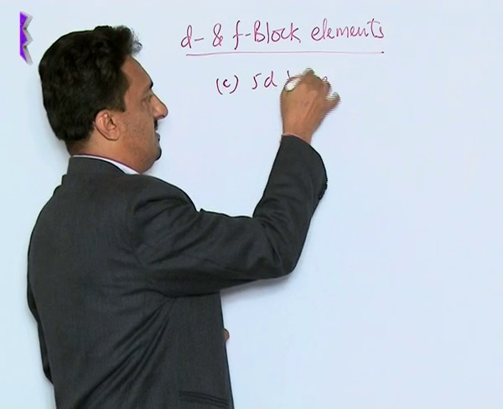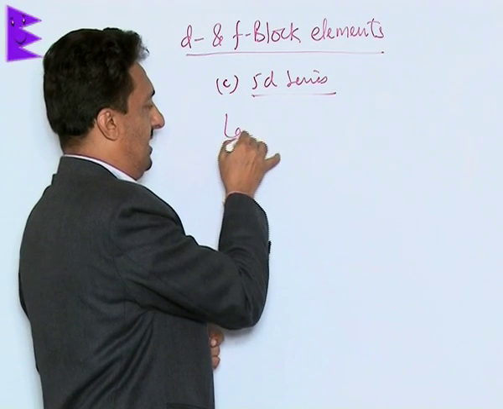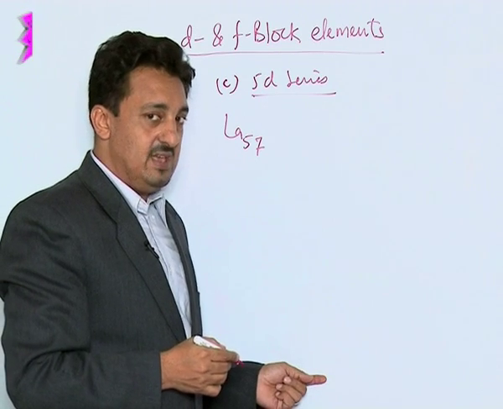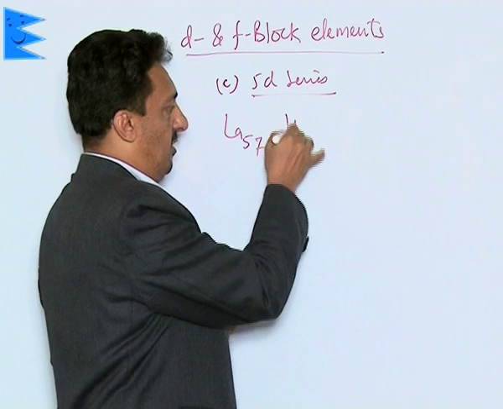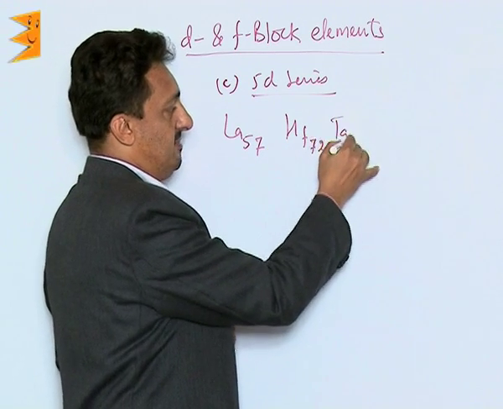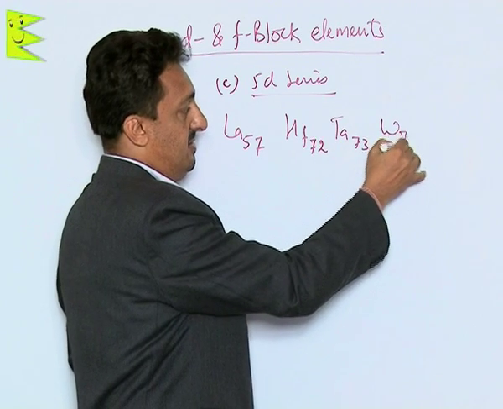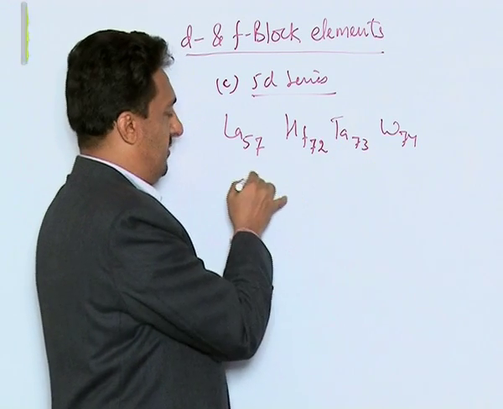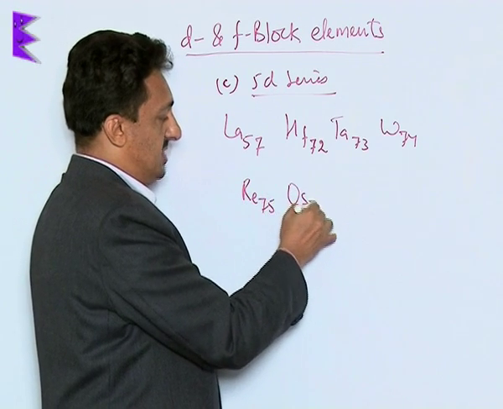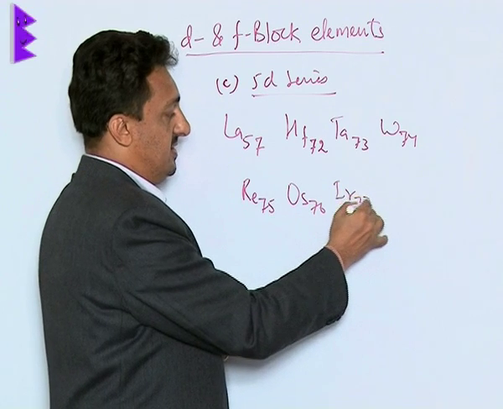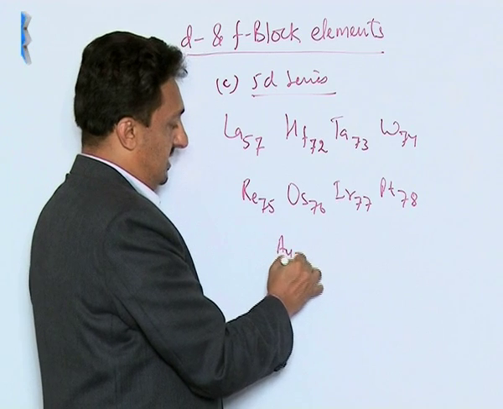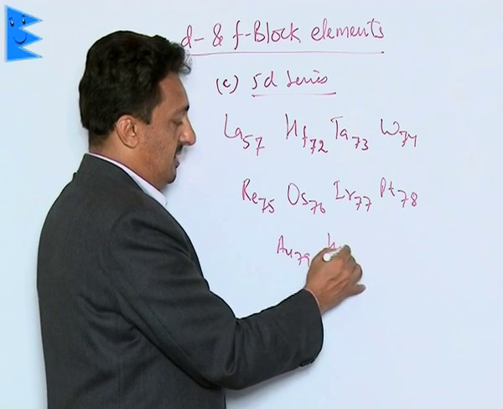The 5D series starts from lanthanum 57, then we have 14 elements placed separately in the F block, and then we have hafnium, which is 72, then we have tantalum 73, tungsten 74, then we have rhenium 75, then we have osmium 76, iridium 77, platinum 78, gold 79, and mercury is 80.